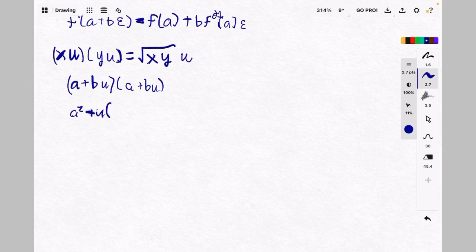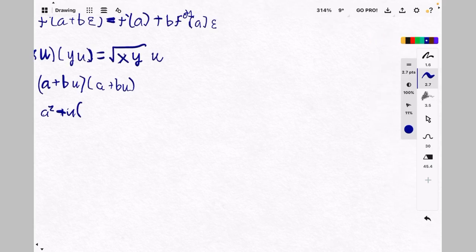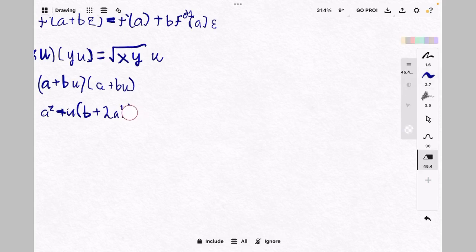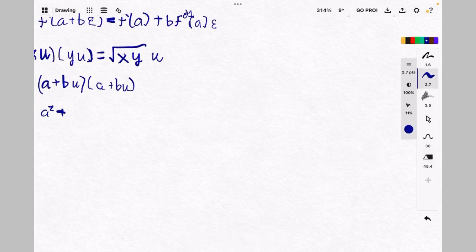A squared plus u, and then that would be b. Why is it not letting me write? There we go. b plus 2ab. Or another way we could write this is by factoring out the b, bu(2a plus 1).